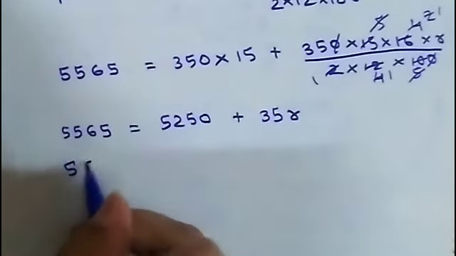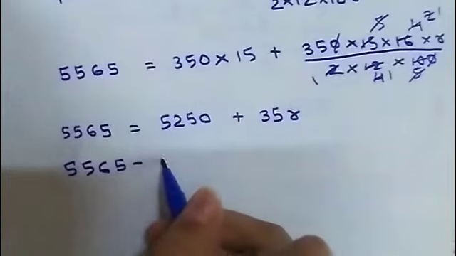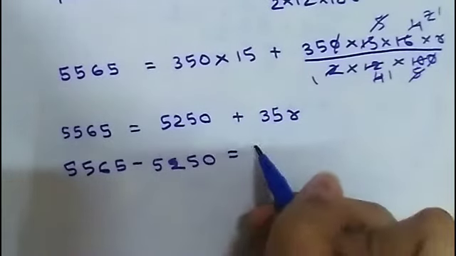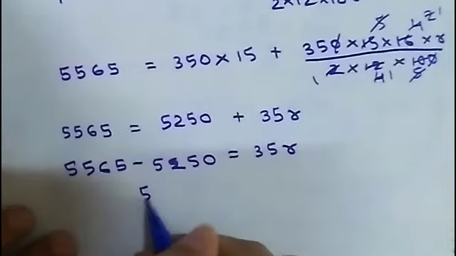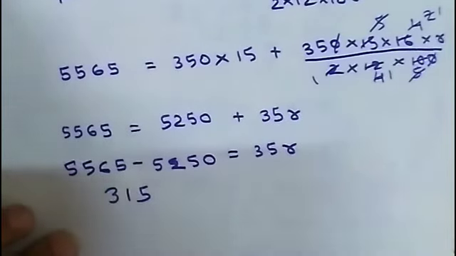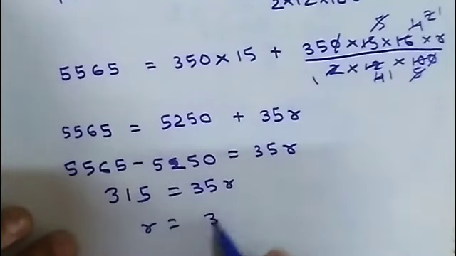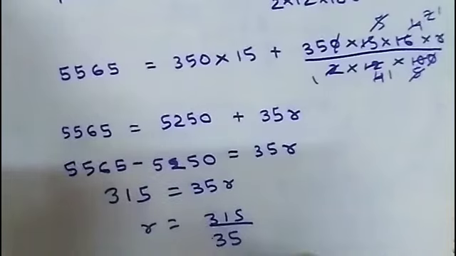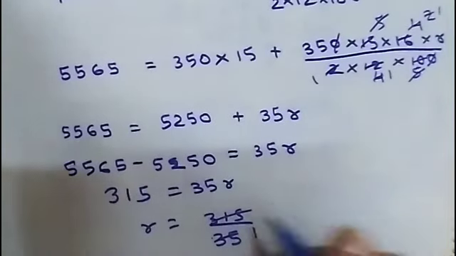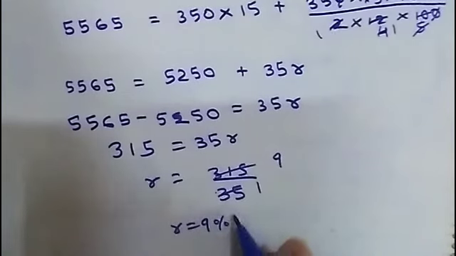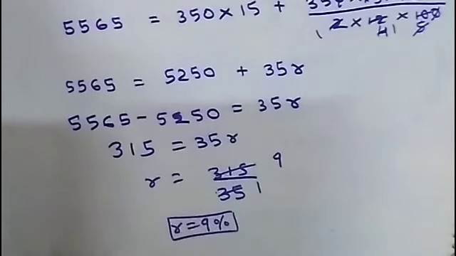So 5565 minus 5250, which equals 35R. That is 315 equals 35R. Therefore, R equals 315 divided by 35. So, 35 9s are 315. Therefore, R equals 9%. So this is the final answer of question number 8.